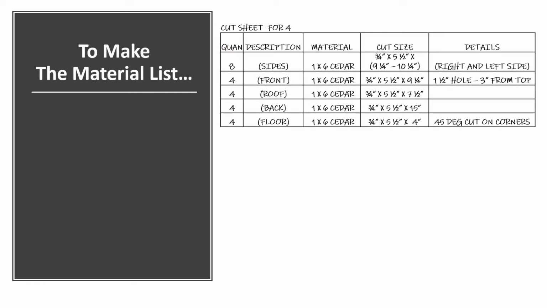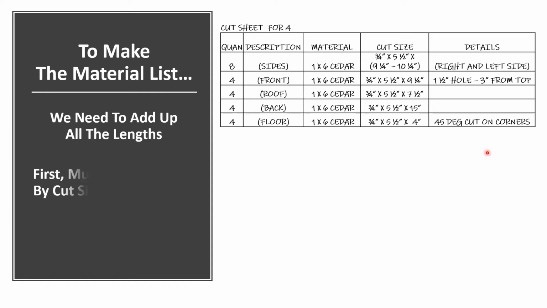All right, so let's make a material list. We're going to make it from the cut sheet. Now we need to add up all the lengths. All these lengths that we have here, we've got to add them all up so we know how much lumber we've got to get. Now, first thing you've got to do is multiply the quantities, so that's these amounts, by the length of each side.